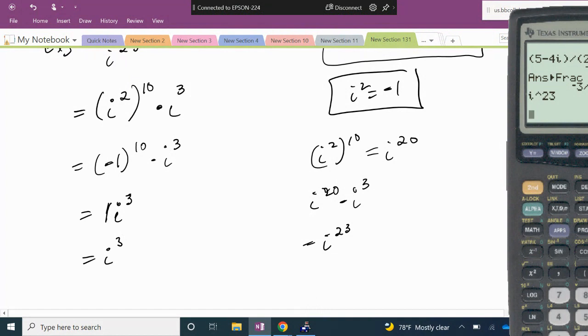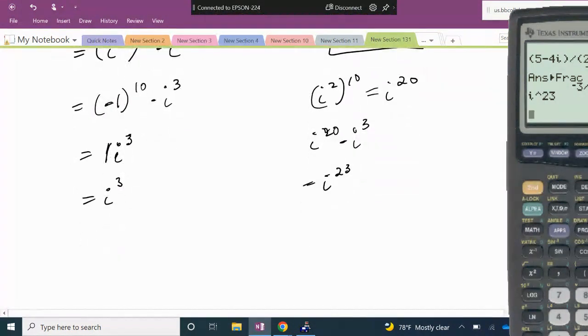So the 1 is understood. Now if I break i to the third power down a little bit further, I can rewrite i cubed as i squared times i, because i squared times i to the first power, I would add the 2 plus 1, which would give me i cubed.